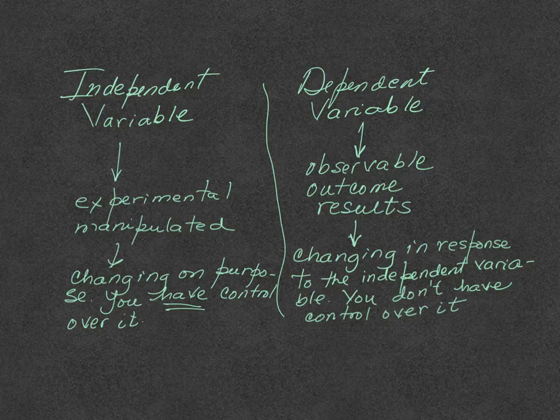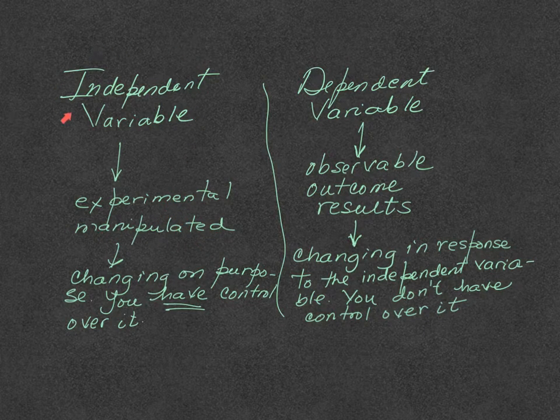Independent variable is the variable that you are changing on purpose, that the experimenter is manipulating. That's why independent variable is also known as the experimental one, since the experimenter is manipulating, changing that on purpose. Okay, it is also known as the manipulated one.